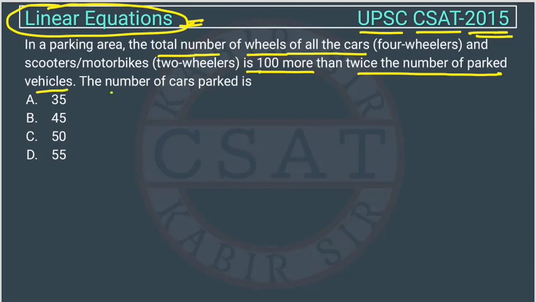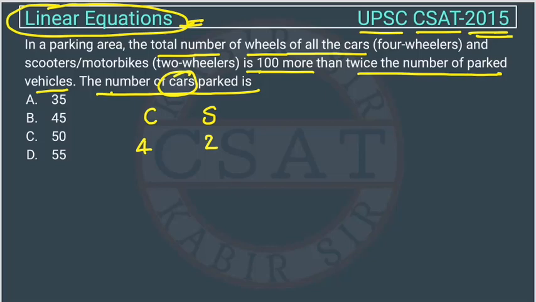The number of cars parked is. So there is a parking area. In there we have cars and scooters, right? Car has 4 wheels and scooter has 2 wheels, right?